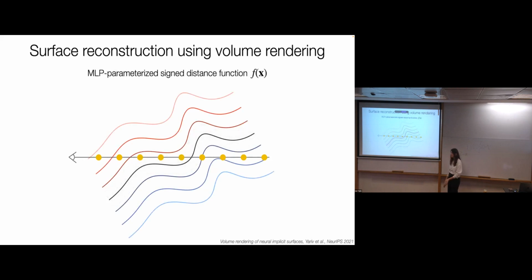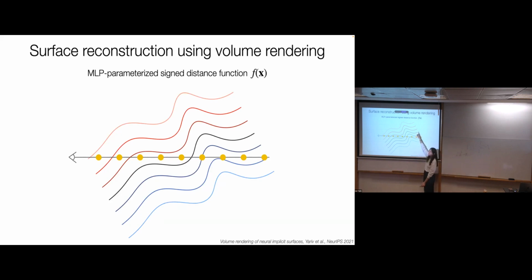Okay, so how are we going to do that? As before, we're going to use a signed distance function to model the surface. As I told you, we have an MLP, a fully connected network, that represents a function going from R3, XYZ coordinates, and outputs a scalar, which is the signed distance function to the surface.